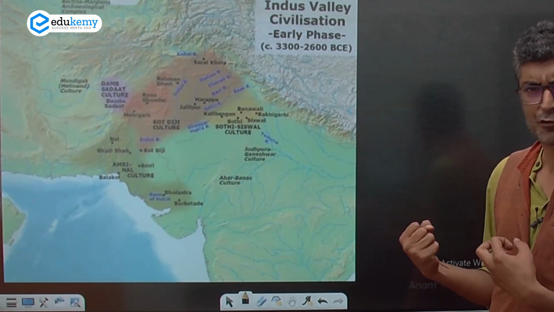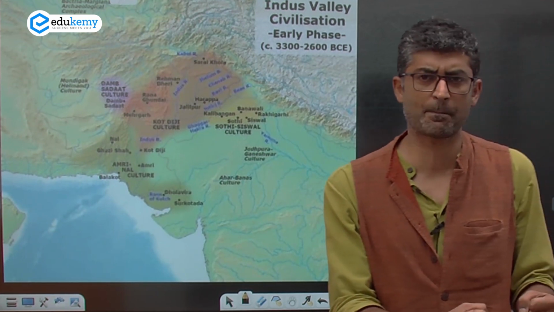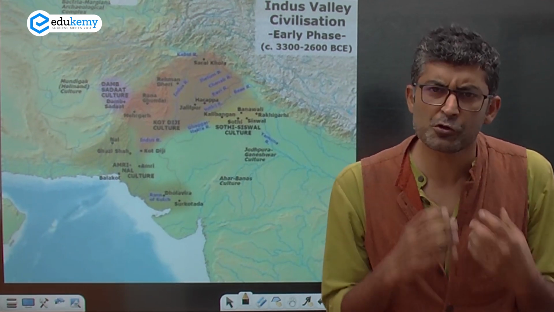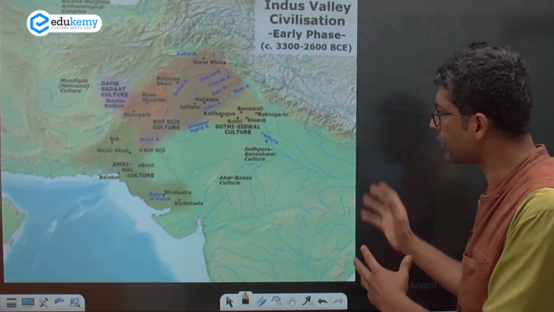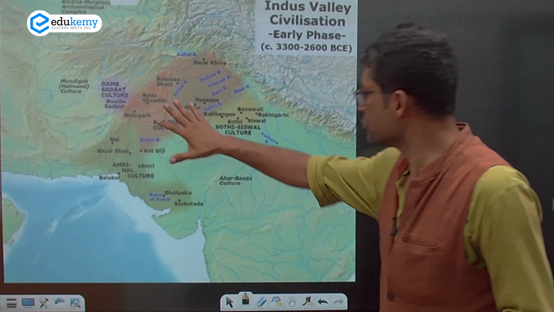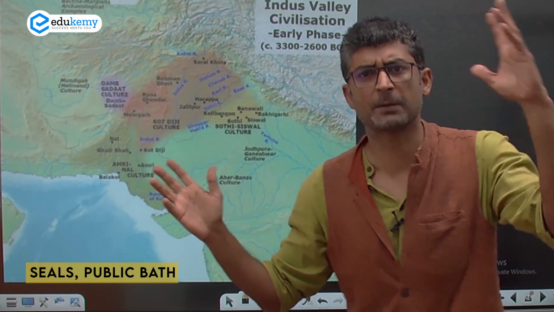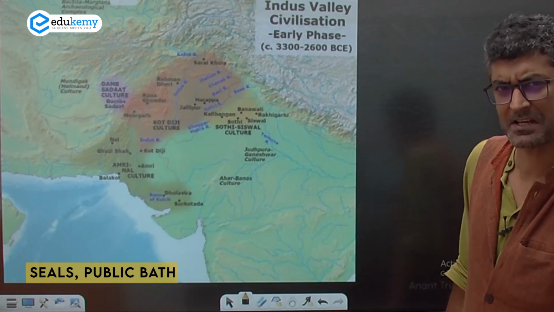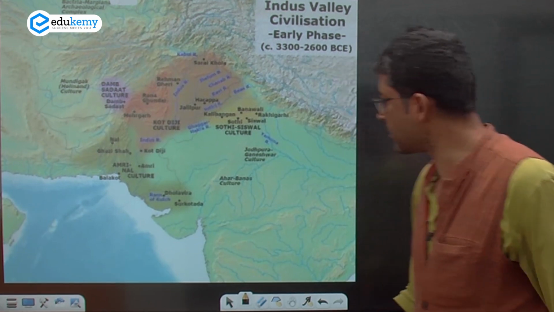This is not an introductory class on Harappan civilization. If you do not know anything about Harappa right now, I would not want you to waste your time here, because I would be talking with the assumption that you know something about it, what seals are, what the public bath was, etc. You have some idea, right? So do remember.